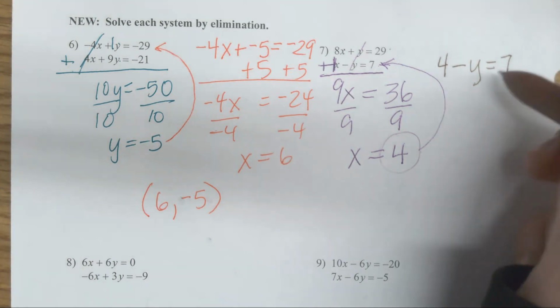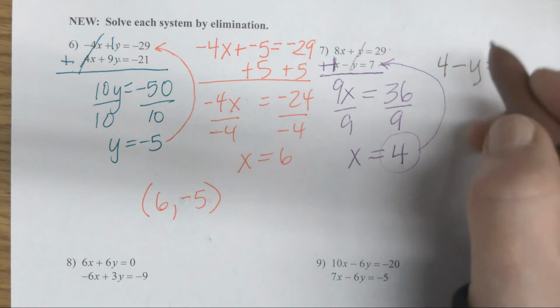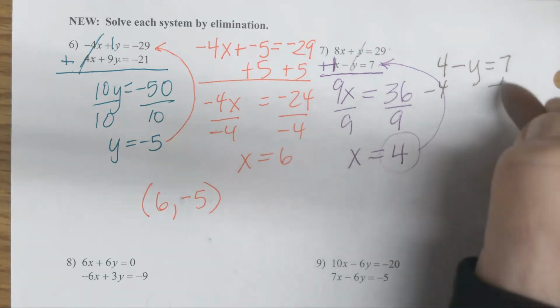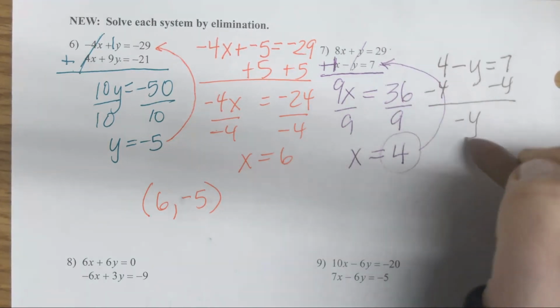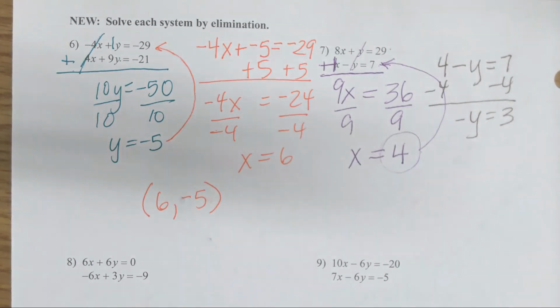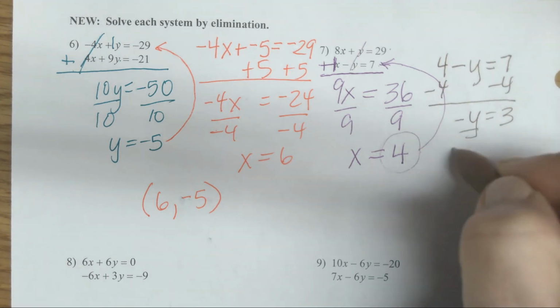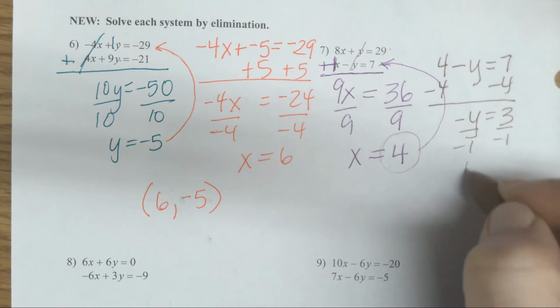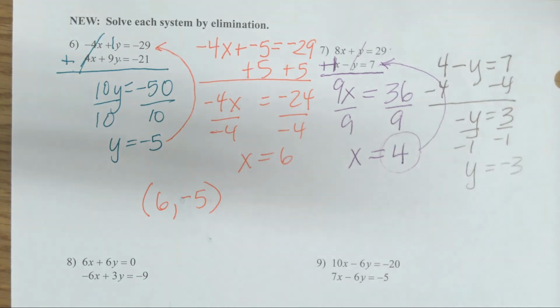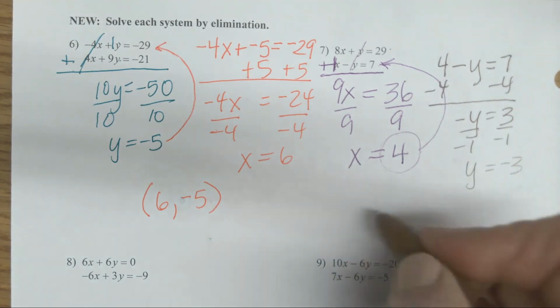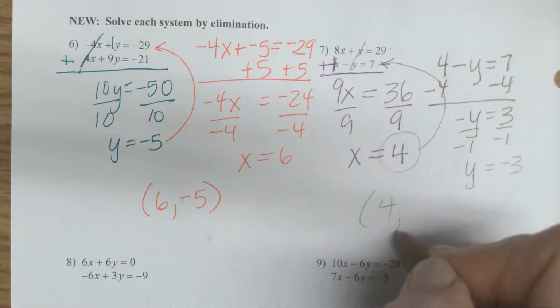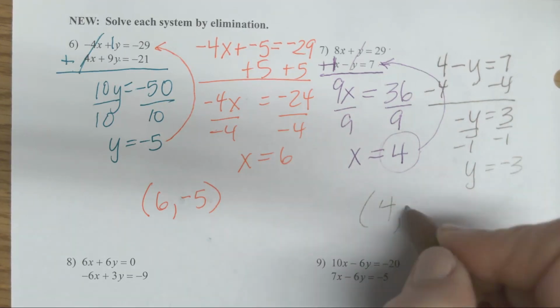How do I get y alone? Minus 4. I don't want negative y, I want positive y. What do I do? Divide by negative 1. Yep. And then I can put my answer in point form. 4, comma, negative 3.